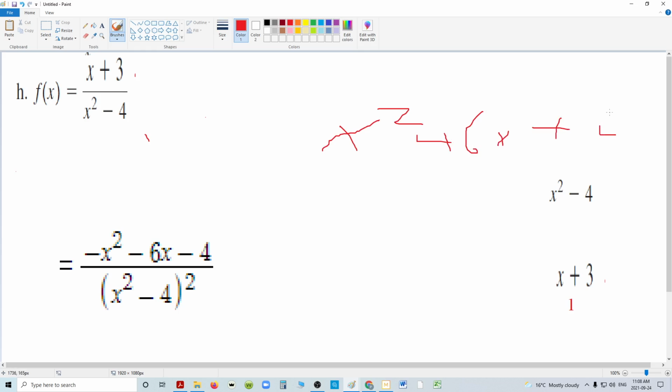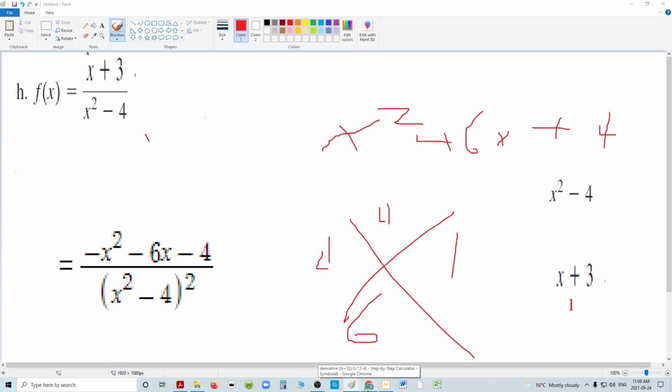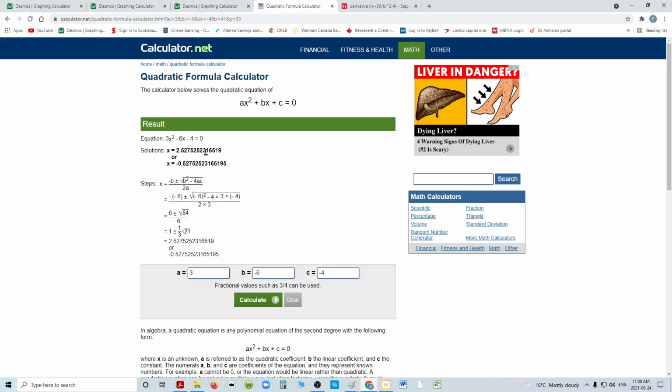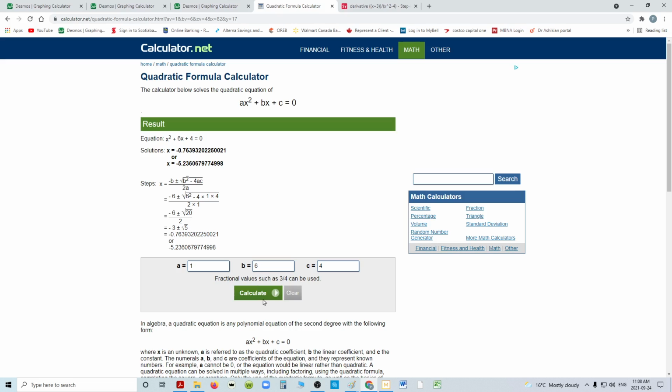And you should ask yourself, what number multiplies out to 4 and adds up to 6? And you should quickly see that you can't really do it. So you should take the quadratic and put in 1, 6, and 4. And if I got that wrong, no, it does indeed come up with 2 numbers for me.